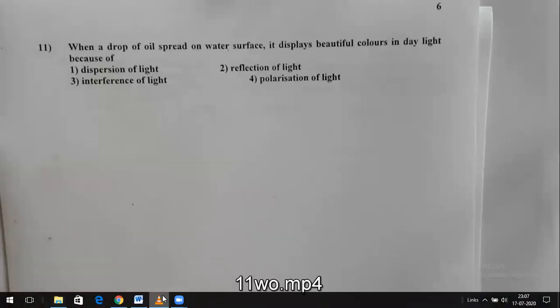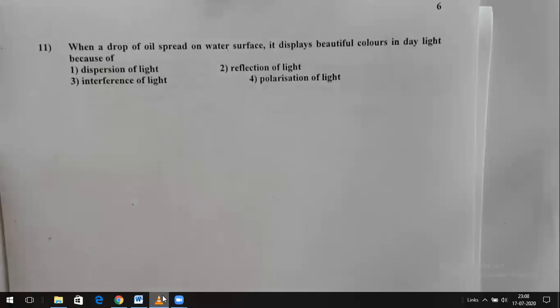When a drop of oil spreads on a water surface, it displays beautiful colors in daylight because it acts like a thin film. A drop of oil on the surface of water or a soap bubble acts like a thin film. Even the coating given to the lens in a camera is so thin that the light undergoes interference as it passes through it.